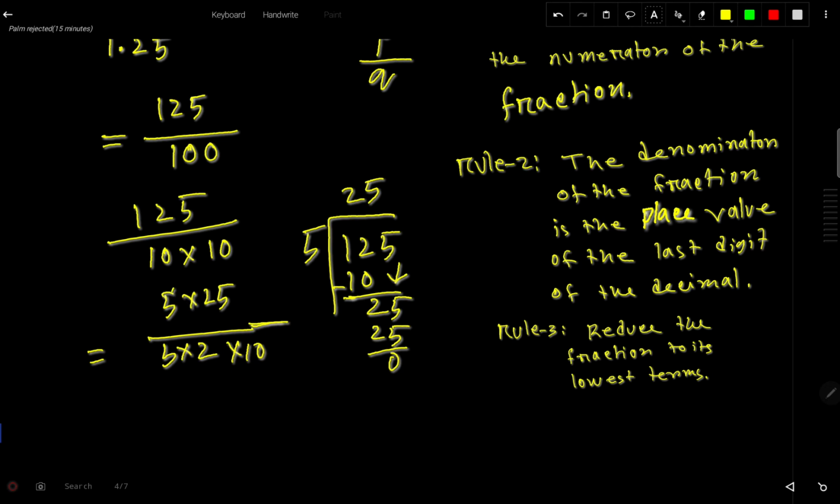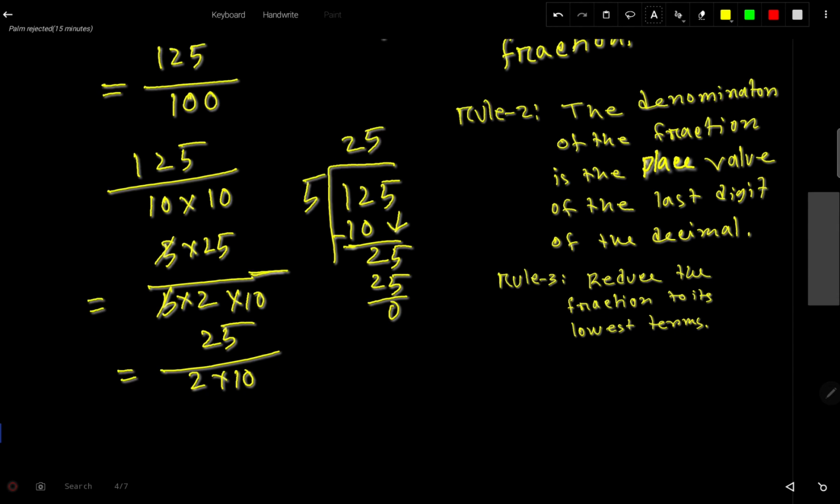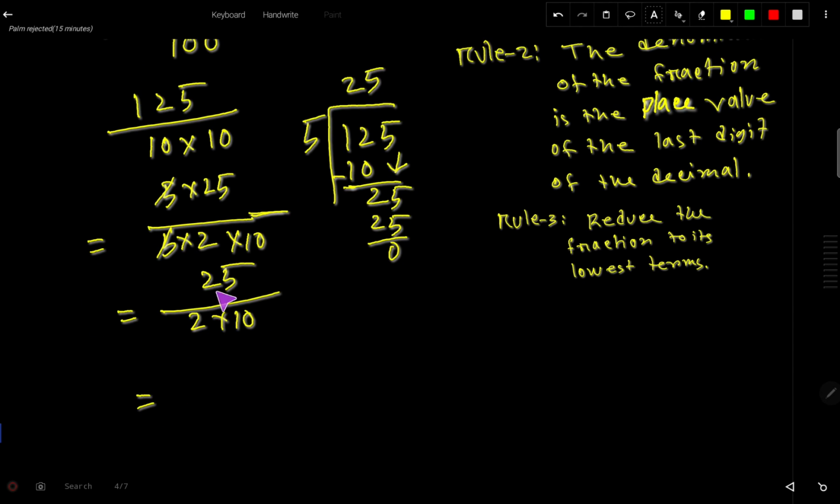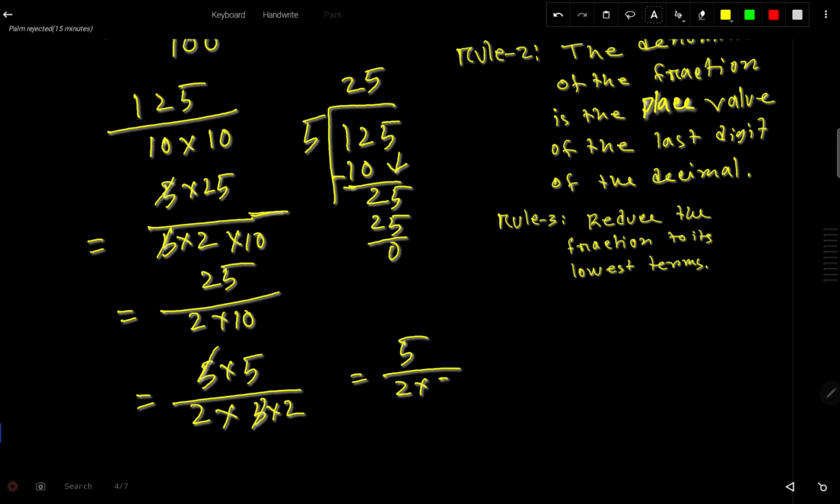So this 5 cancels, so we are getting here 25 over 2 times 10. You can split this 25 as 5 times 5, and you can also split this 10 as 5 times 2. So this 5 cancels, so we are getting here 5 over 2 times 2, that is 5/4.